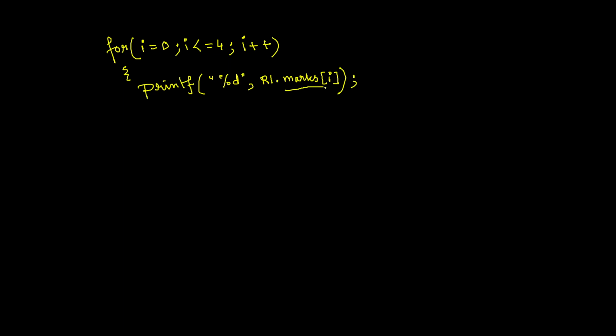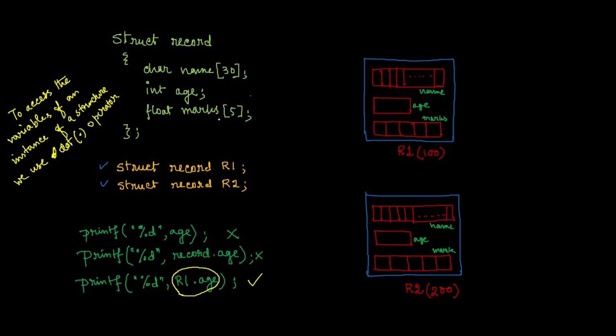We are habituated to how to use an array. Now when it is within a particular structure, we have to use the instance then dot, as simple as that. And after the instance and dot, the use of the variable is the same as we have already done in previous classes.